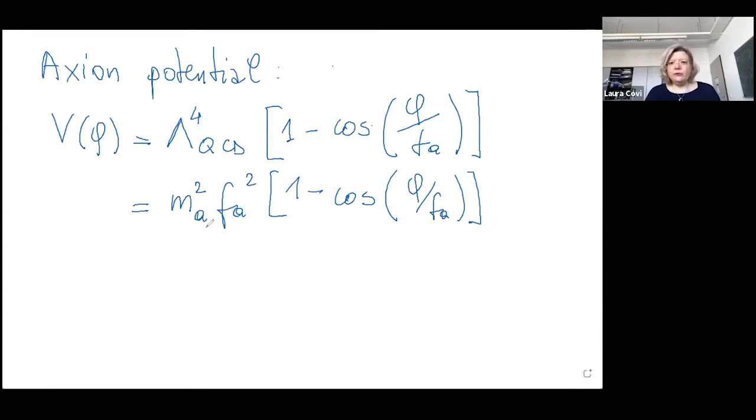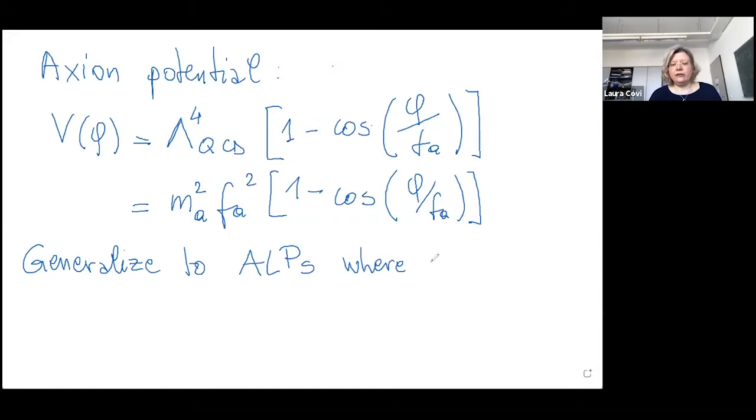But moreover, you see that in this case, you can generalize to any particle, not only to the QCD axion, but to any pseudoscalar particle with mass derived from any possible scale, where this doesn't have to come from lambda QCD. So if you have a generic axion, you can generalize to ALPs, which are axion-like particles, where generically the mass is not related to f_a and the QCD scale.